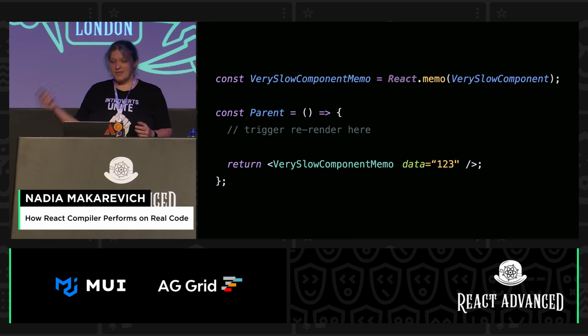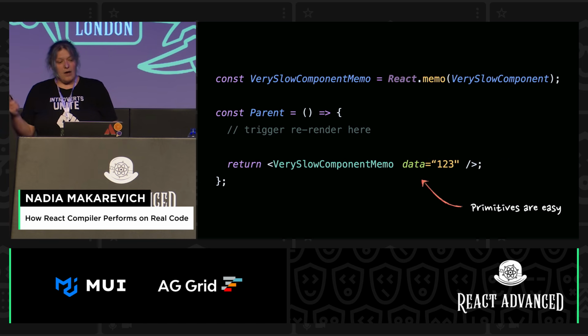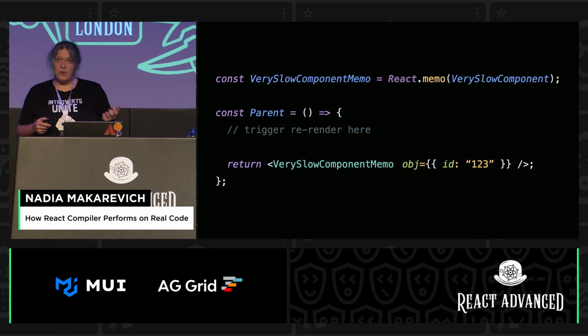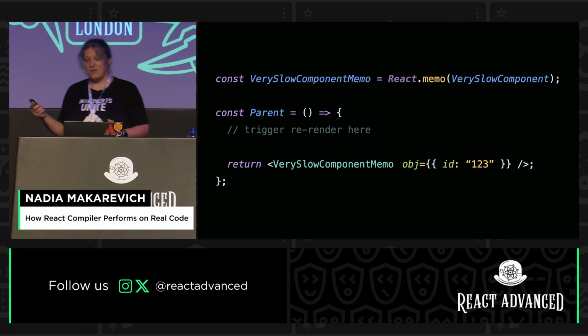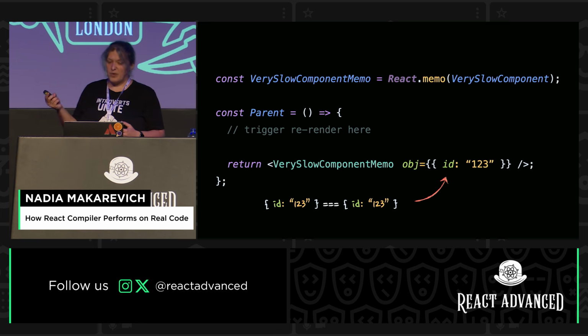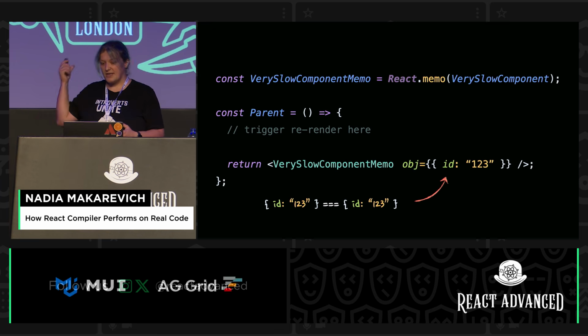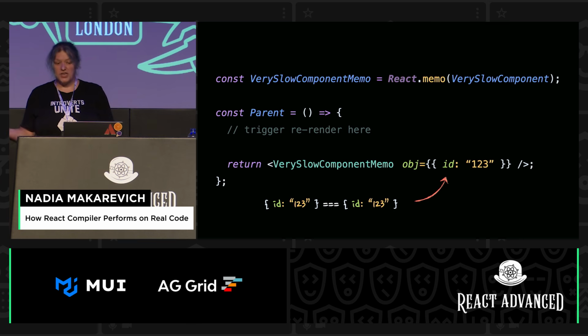For primitive values, it's easy. We don't need to do anything other than not changing them. For objects, arrays, and functions, however, they need some help. React uses referential equality to check for anything between re-renders. And if we declare those non-primitive values inside that component, like I did here, they will be recreated on every re-render, a reference to them will change, and memoization won't work.